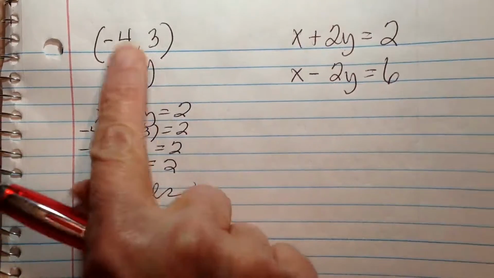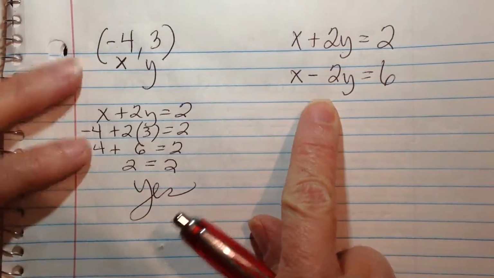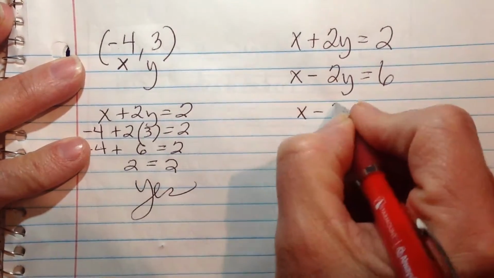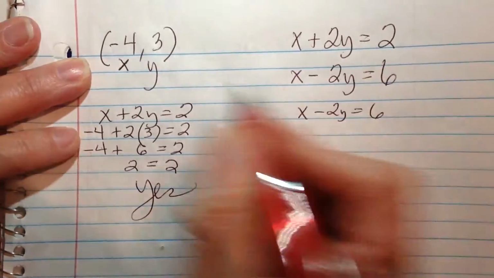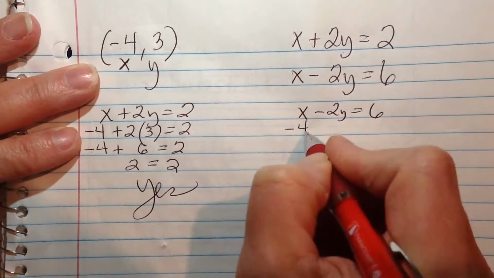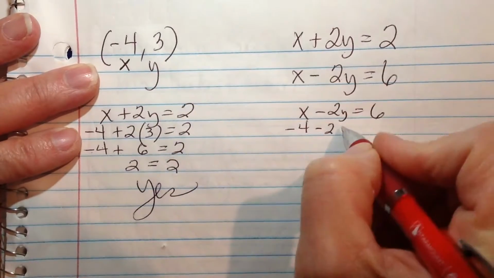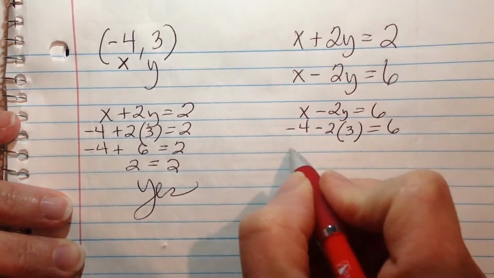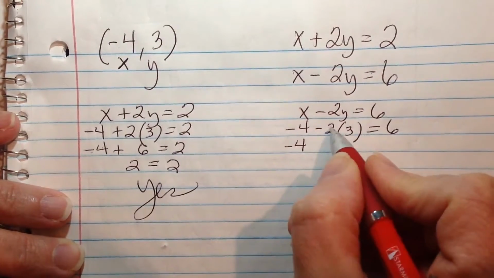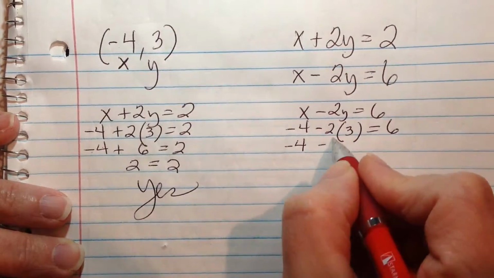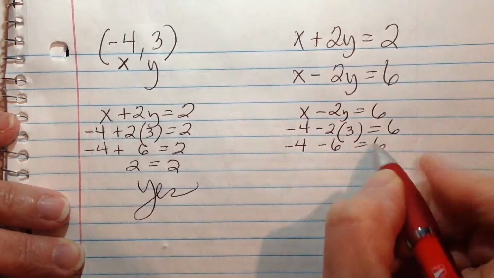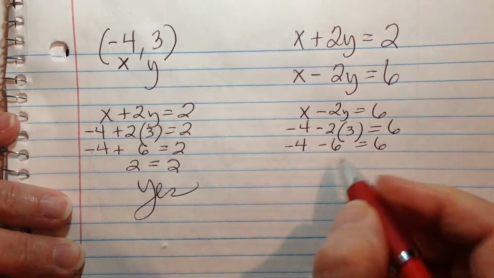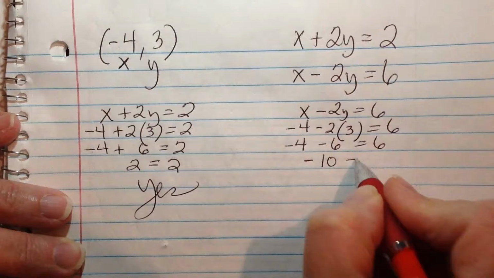Let's see if this point is also on the second line. Plugging it into x minus 2y equals 6. Plugging in x is negative 4 minus 2 times y is 3. Does that equal 6? Well, negative 4 minus 2 times 3 would be minus 6 equals 6. Negative 4 and negative 6 is negative 10, equals 6.